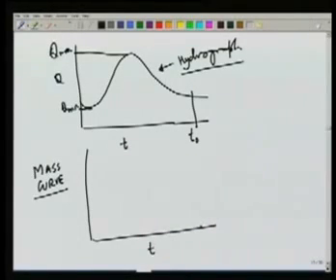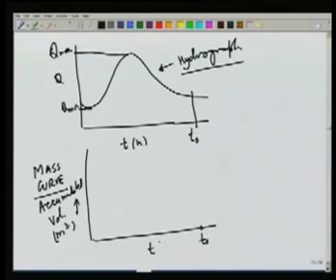So we have T, and let's say we are concerned about the time period from 0 to T naught only. So if you look at the accumulated volume, let's say in meter cube, time may be in hours, it may be in days or months, but for simplicity let's use a single storm hydrograph and see how we can develop these curves.